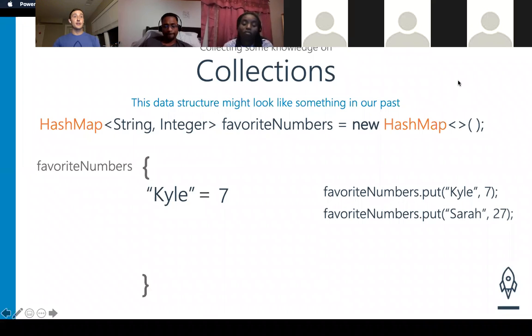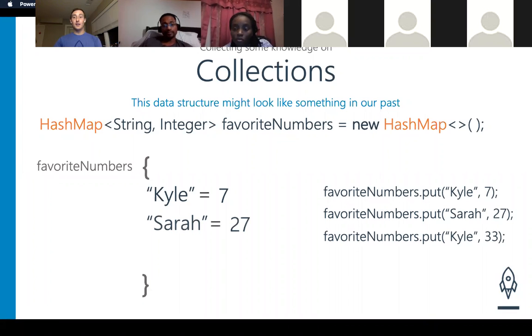If I put another person, Sarah, with her favorite number 27, it puts it into the map as well. Now say I change my favorite number. I say put Kyle in there with 33. Remember, just like in objects, hash map keys have to stay unique. There can only be one key in a hash map that's named the same. So therefore, this value would be updated to 33. And that, my friends, is hash maps.